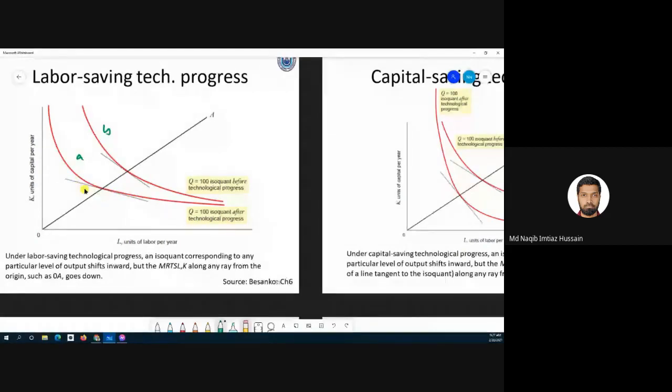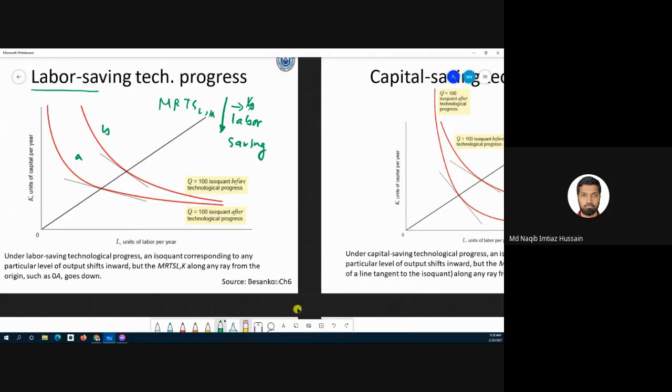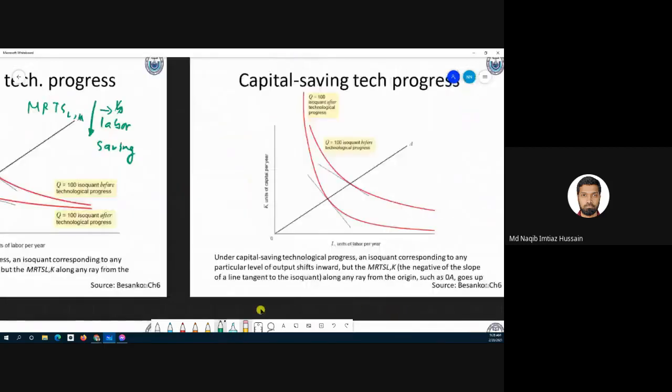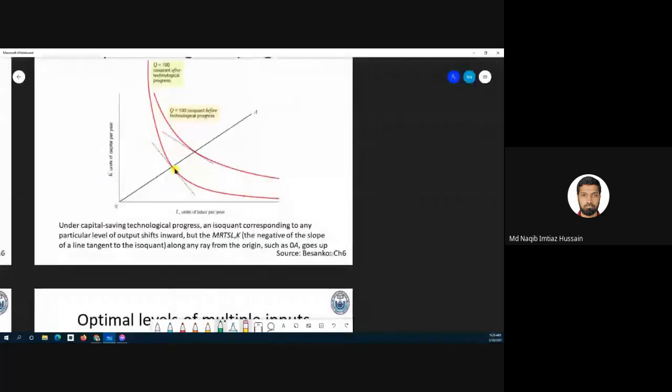In that case, this is a labor saving technological progress. কারণ if you have MRTS, LK যখন কমে যায়, this is labor saving. Based on our earlier discussion, and if the opposite thing happens, if the tangent becomes sharper, the MRTS increases, that means this is a capital saving technological progress.